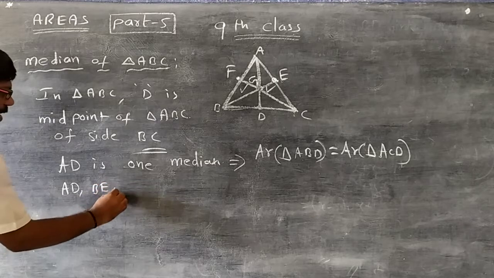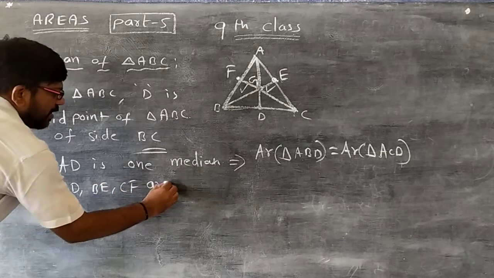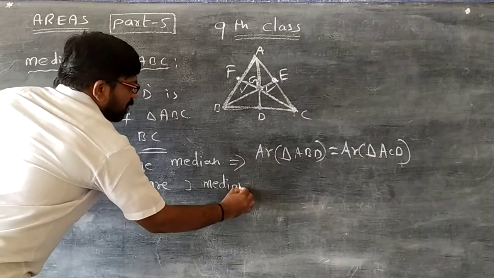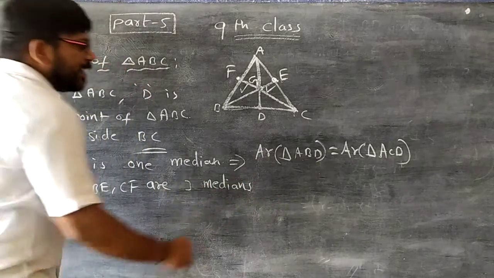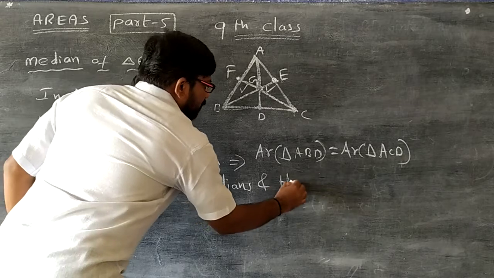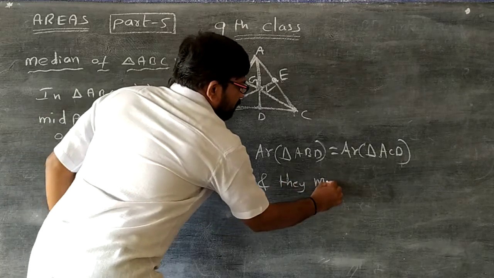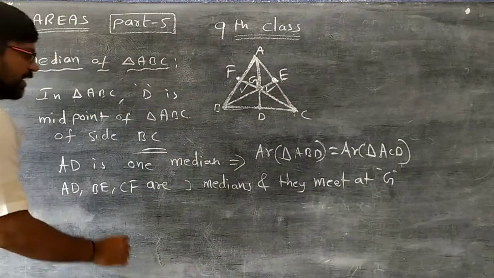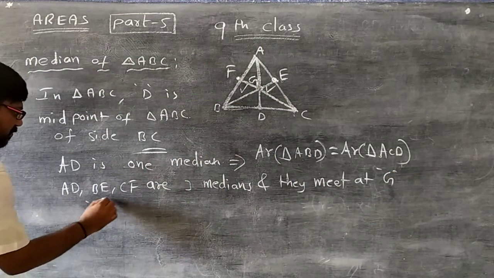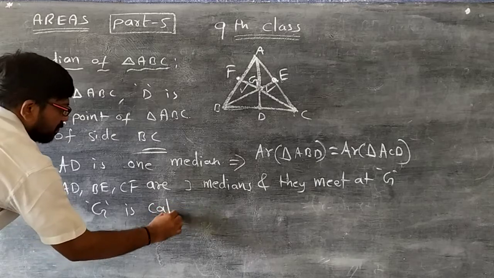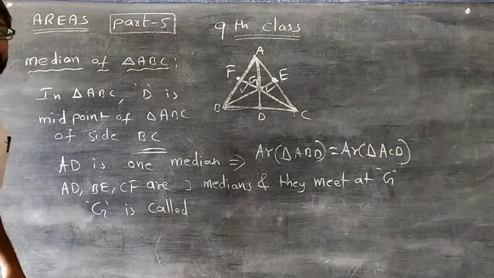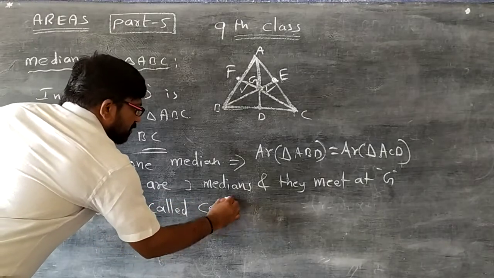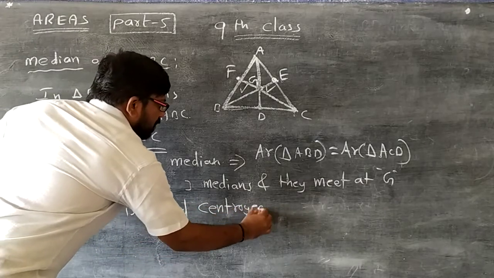AD, BE, CF are three medians, and they meet at G. So G is called the centroid of triangle ABC.